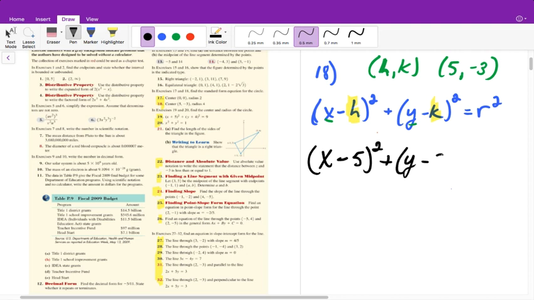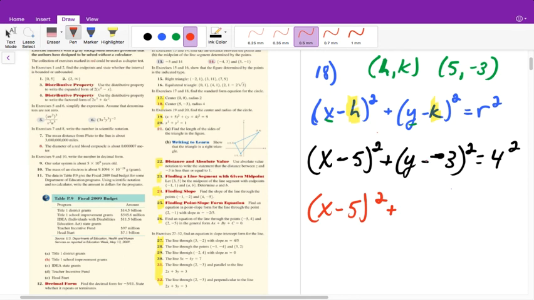So (y minus -3) squared is then equal to our radius squared, and it tells us that our radius is 4, so we can substitute 4 squared. And now we can write the final answer: (x minus 5) squared plus, since minus a negative turns a plus, (y plus 3) squared, and 4 squared is equal to 16. So that is our standard form of the equation of a circle.